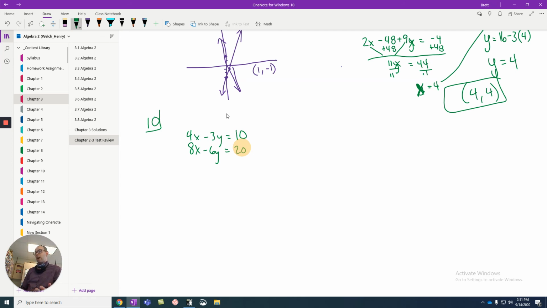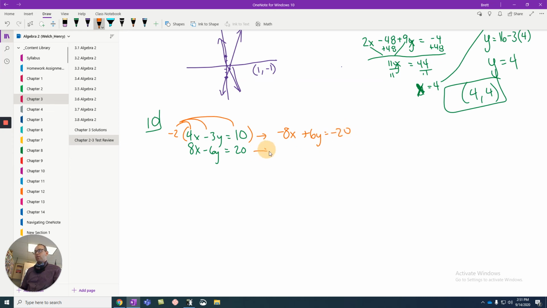Whether that's x or y, it doesn't really matter. I see the 4 and 8. I really could just turn this 4 into a -8 if I multiplied by -2 and distribute. This would become -8x plus 6y equals -20.